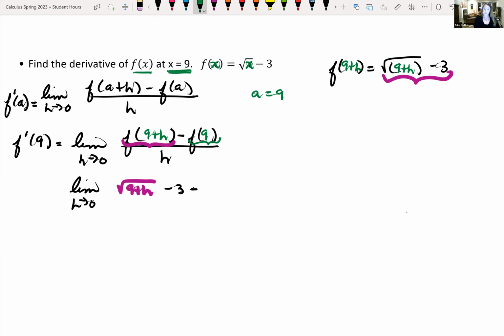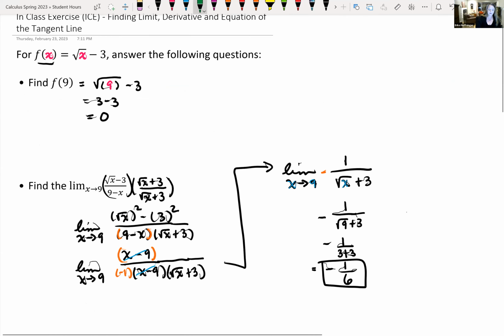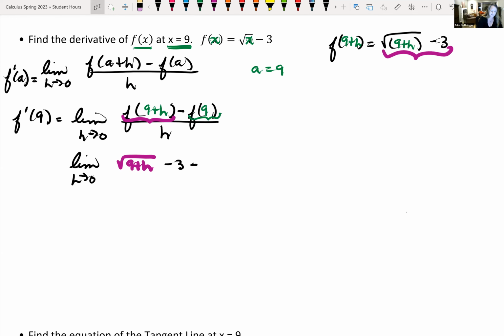But that was the first part of this in-class exercise. We found f of 9 up here was 0. And so this would be minus 0 all over h.